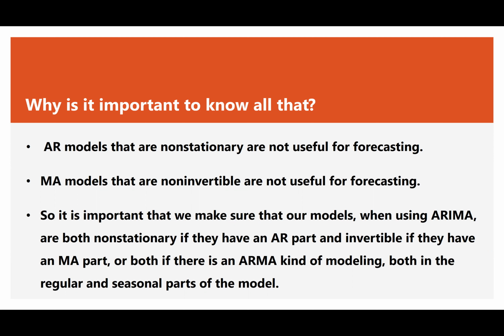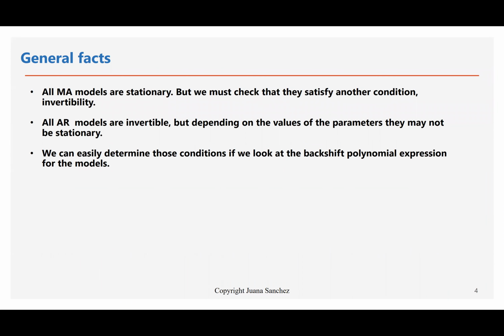Okay, so all MA models by definition are stationary, and we saw that when we checked their theoretical ACF, when we studied the theory of stochastic processes. We saw that MA models have autocorrelation equal to 0 after lag q, that is, after the order of the model.